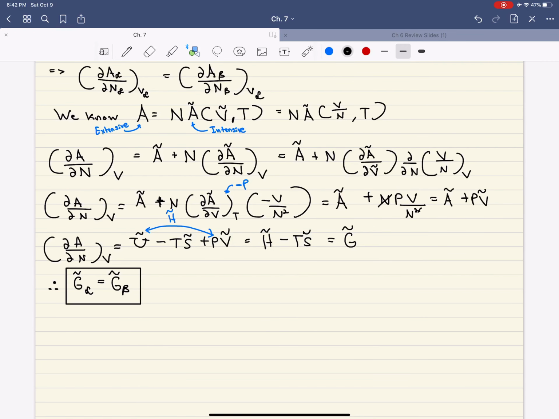So, based on this little proof, what we see is that at equilibrium, when we're minimizing the Helmholtz energy with respect to N alpha, we find that the molar Gibbs energy of the two phases are going to be equal.